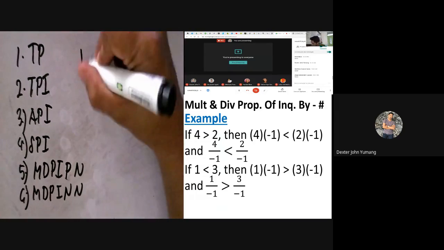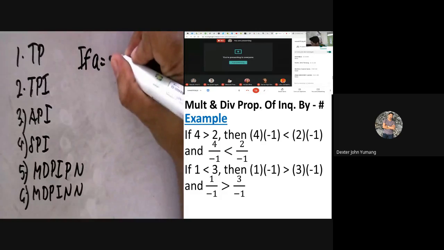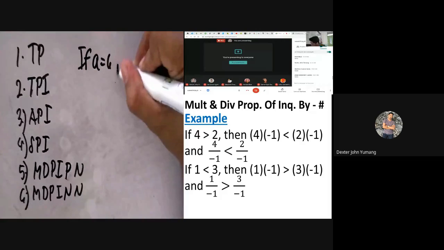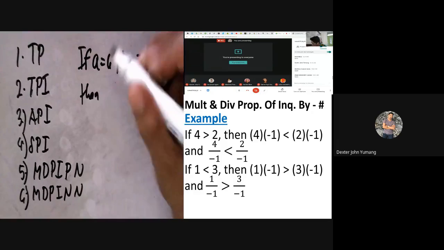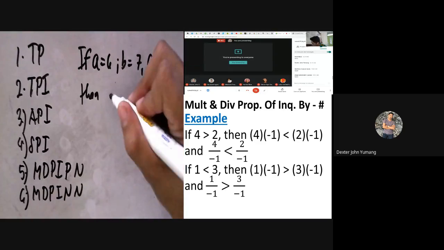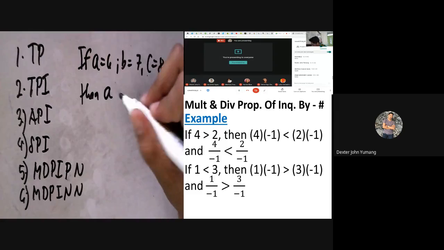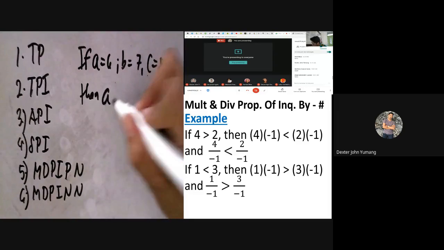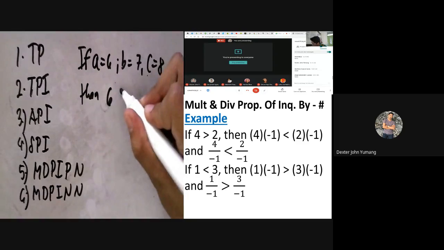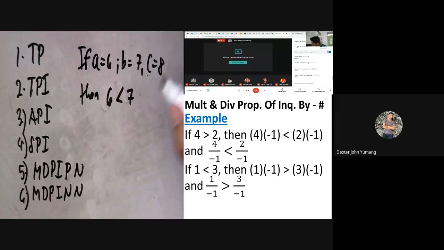So, if A is equals to 6, B is equals to 7, okay, C is equals to 8, then 6 is less than 7.